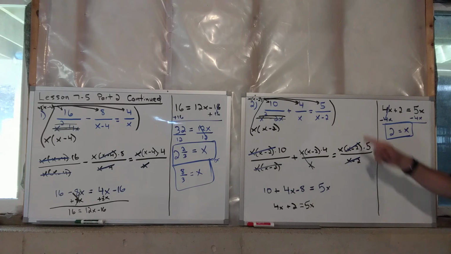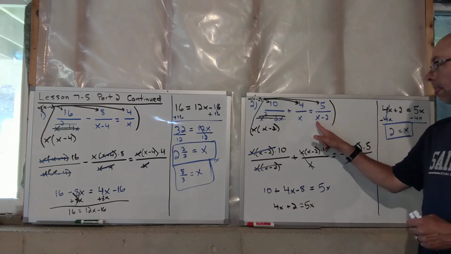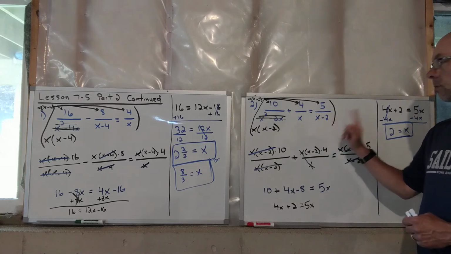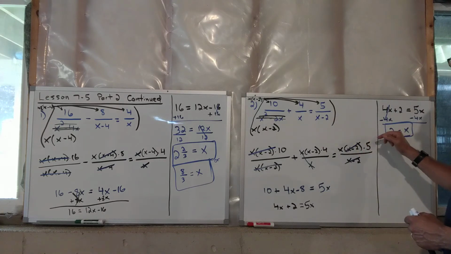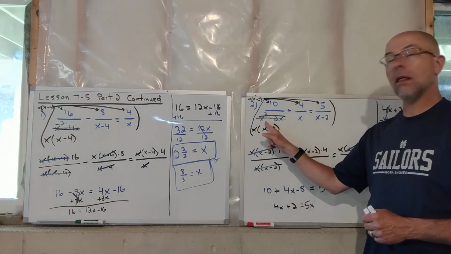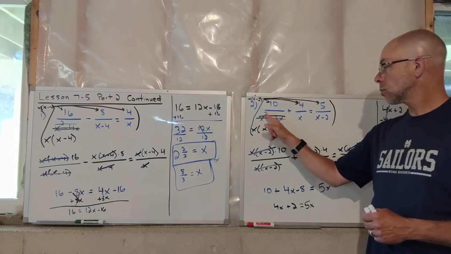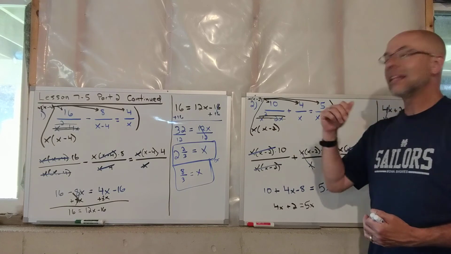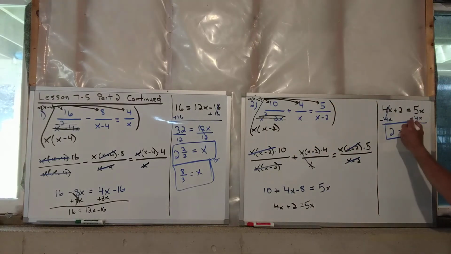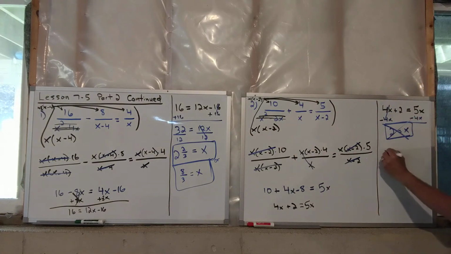If I plug that 2 in right there, 2 minus 2 is 0. It's 5 divided by 0. That's undefined. By the way, if I plug that 2 into this one as well, I got the same issue. 2 squared is 4, minus 2 times 2 is 4, 4 minus 4 is 0. This isn't a solution. Which means we say no solution.